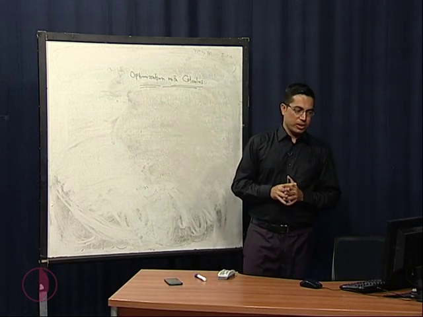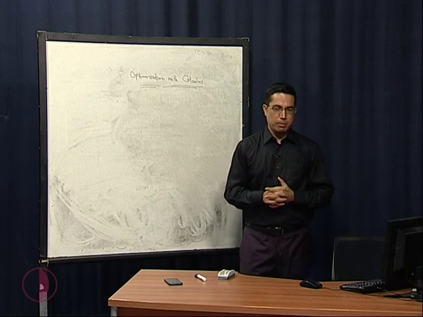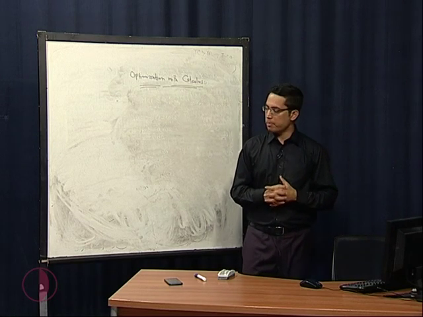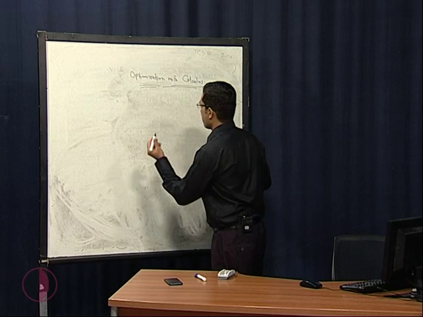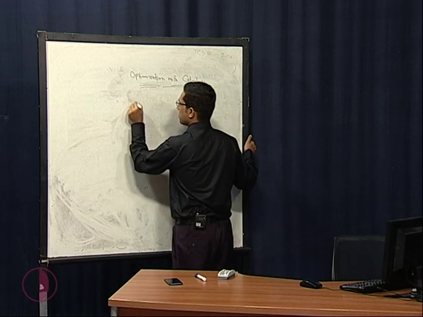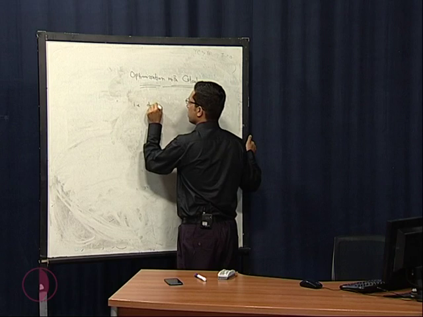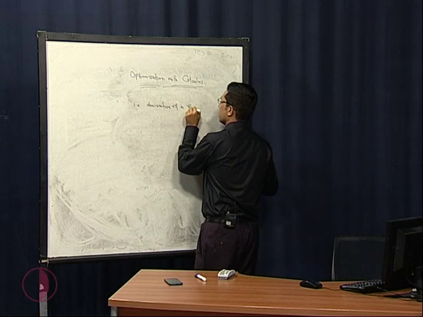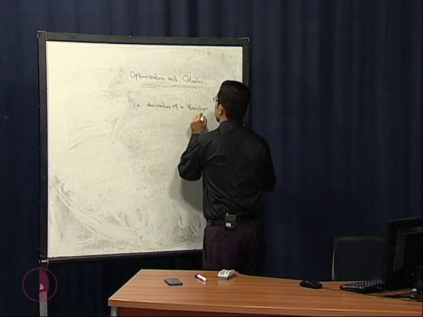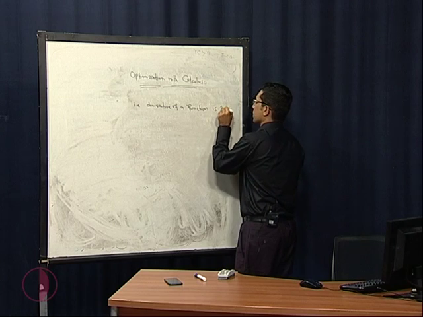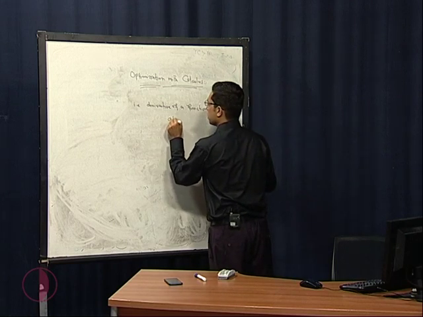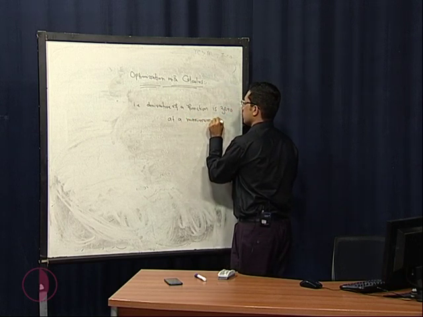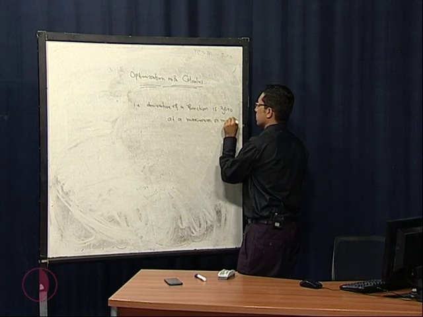So distinguishing between a maximum or a minimum, the derivative of a function or curve is 0 at both the maximum and minimum point. This is one issue, that is, the derivative of a function is 0 at a maximum or minimum.